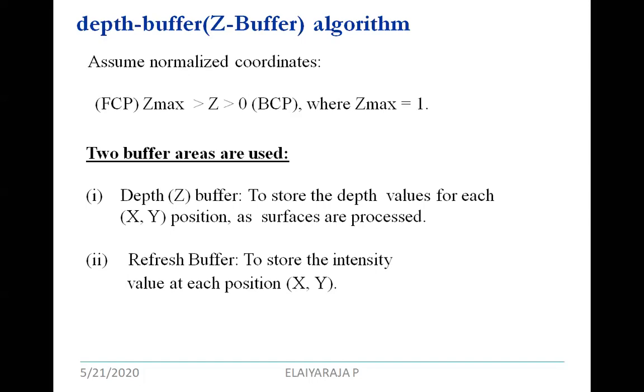When you process each and every pixel, you store the depth value. Along with that, you calculate the intensity of the particular pixel, so you fill the completed pixel with one color, then move to the next pixel and fill with the color, which means the intensity is also calculated along with your depth value.